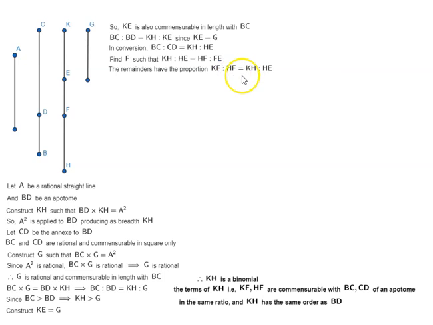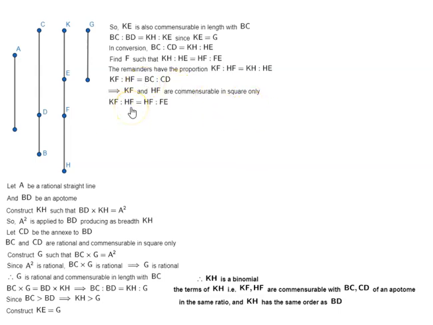So KF is to HF is also equal to KH is to HE, which means KF is to HF is equal to BC is to CD. Why? Because KH is to HE is also equal to BC is to CD. So we can say KF is to HF is equal to BC is to CD. That means KF and HF are commensurable in square only because BC and CD are commensurable in square only.